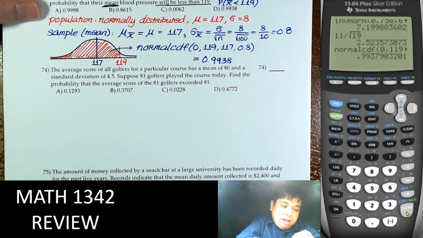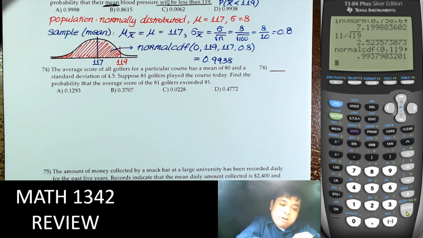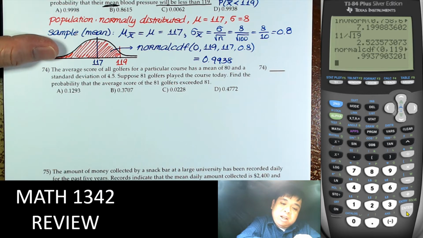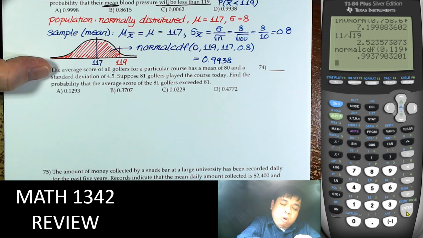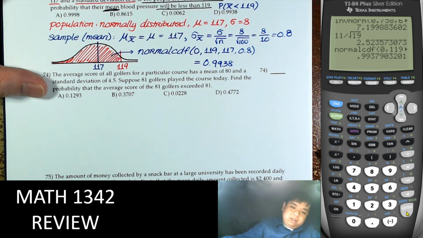Next, the average score of all golfers for a particular course has a mean of 80 and standard deviation of 4.5. Suppose 81 golfers played the course today. Find the probability that the average score of the 81 will be more than 81. All right, so the population.